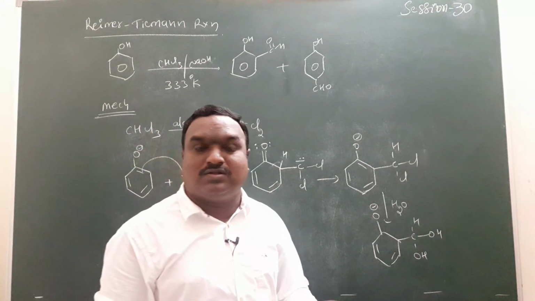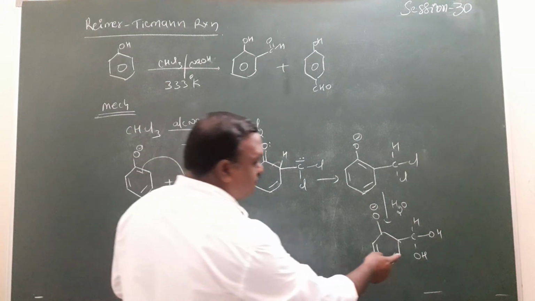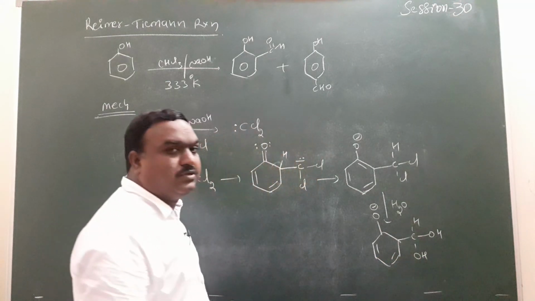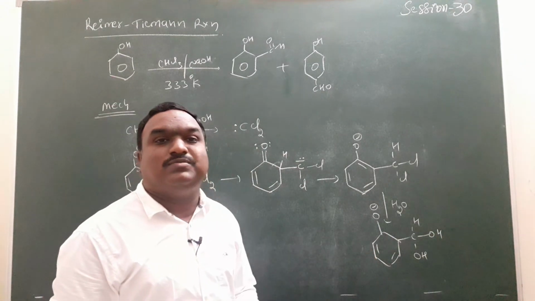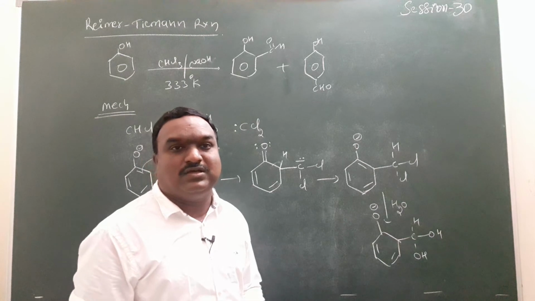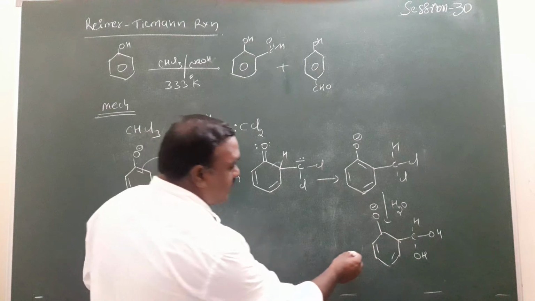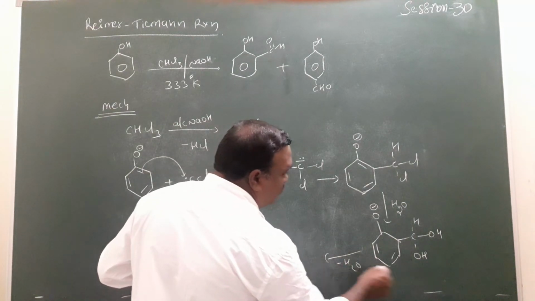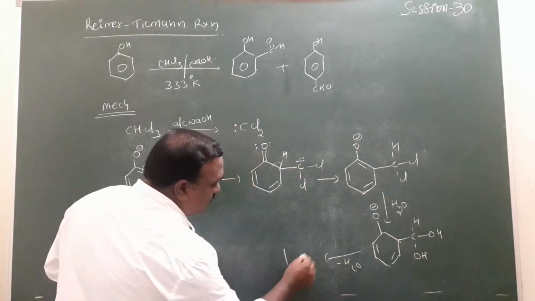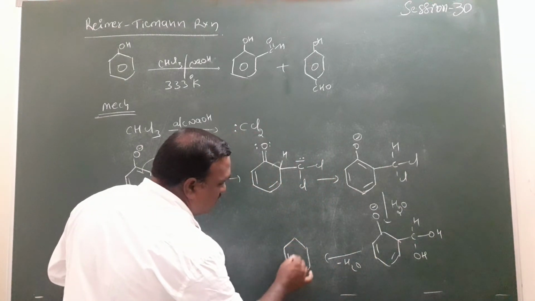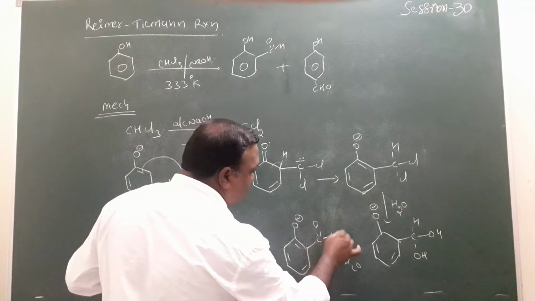That carbon or that molecule easily undergoes dehydration. Due to the presence of 2 OH groups, the stability of the formed intermediate is very low. Then it undergoes dehydration, removal of water, and forms the aldehyde group.